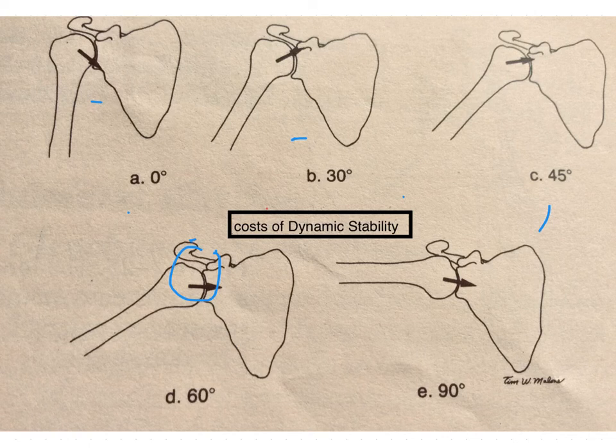In one condition, the pain is present only in some range of elevation. In the other condition, in the previous range of motion they don't have pain, but beyond that range there is some pain. That thing we are going to see now.